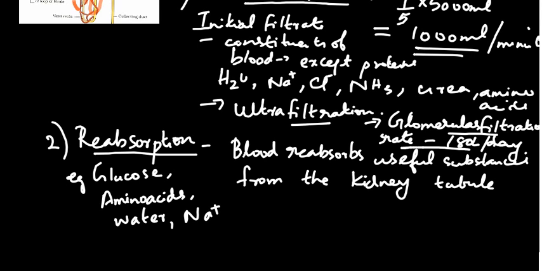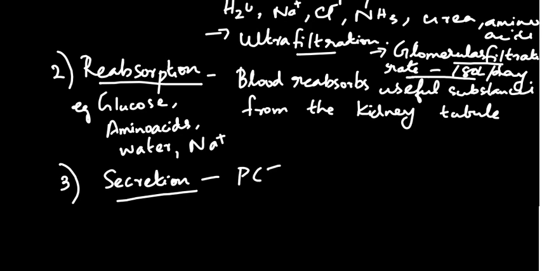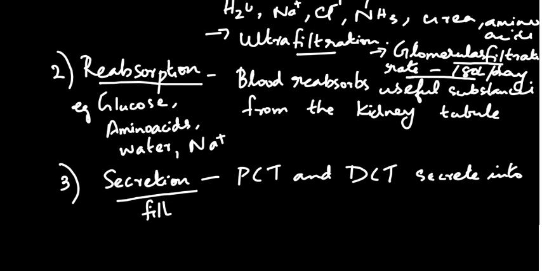The third step is secretion. Kidney tubules can secrete some substances, especially in the proximal convoluted tubule and distal convoluted tubule. They secrete into the filtrate H plus ions.